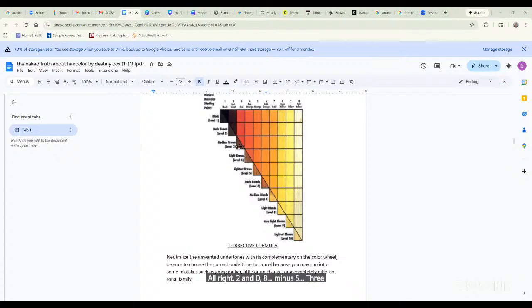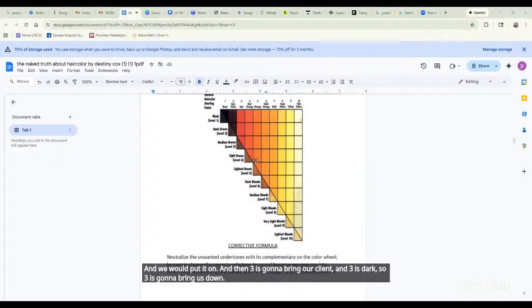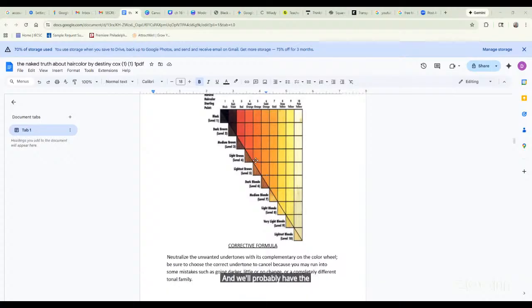So we go and get a level 3 and we would put it on. And then 3 is going to bring our client down, because 3 is dark. And we'll probably have the processing time of about 20 minutes. So 3 will bring us down 1 level.